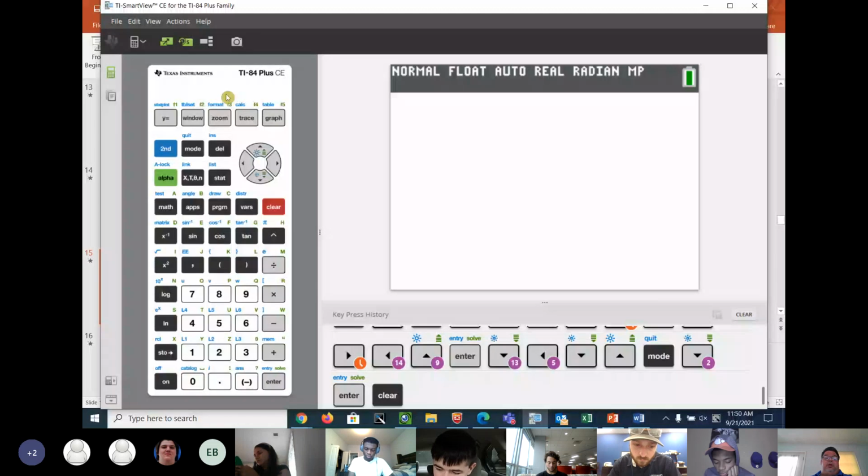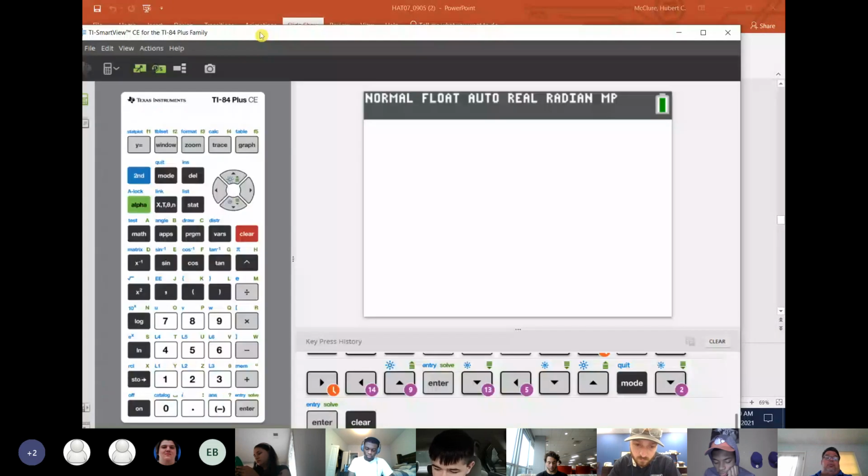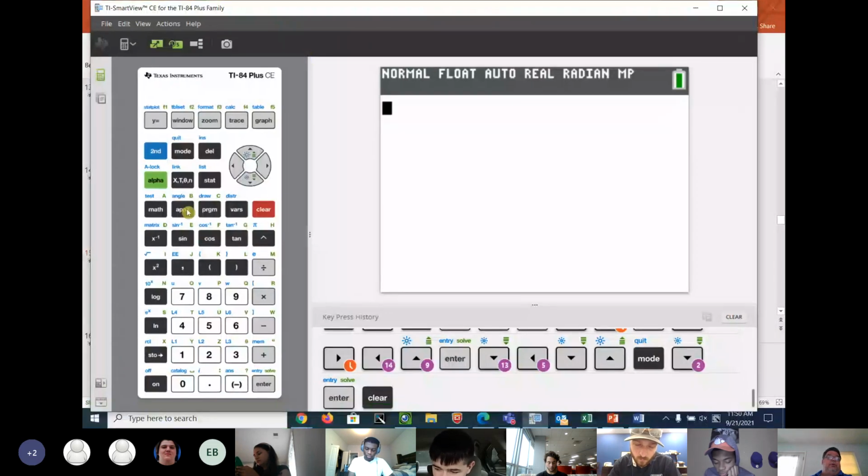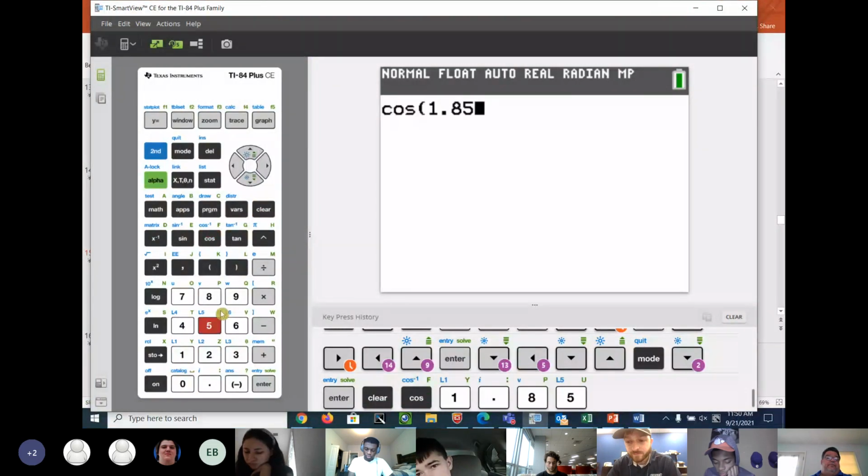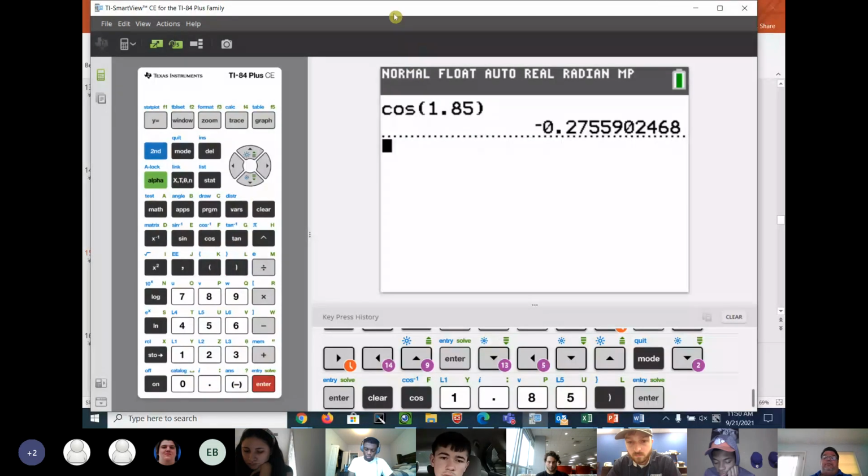And let's find the cosine. What do they want? Cosine of 1.85. And that should be it.